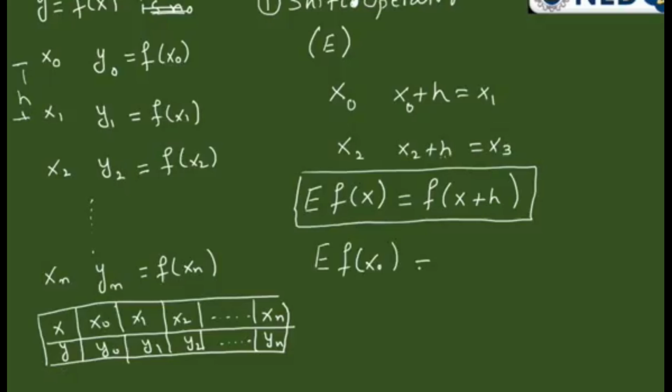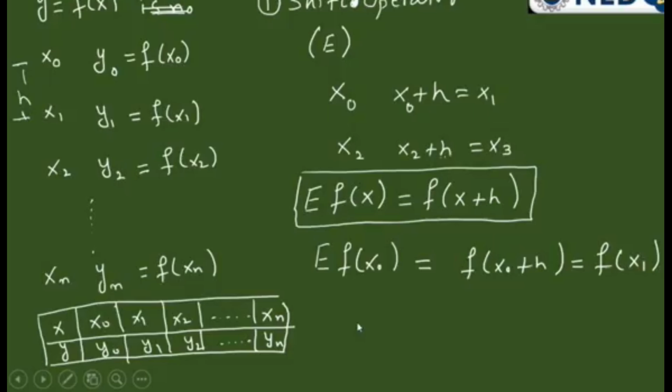We know the value which is on the right hand side of x naught is x naught plus h. So if you add h to x naught, you will reach x1. So you have to read the function at f of x1. So this is the operator. E f of x naught is equal to, whenever you apply the operator, it will assign the value which is lying ahead of this value.